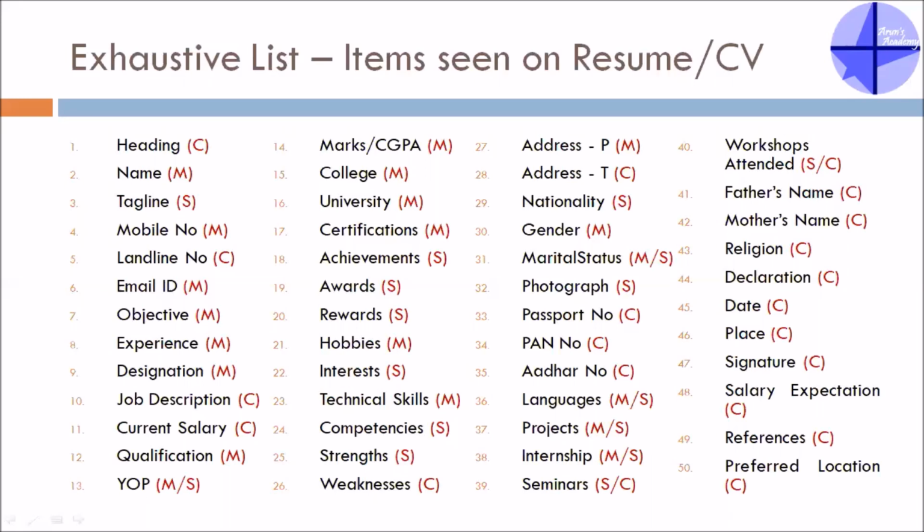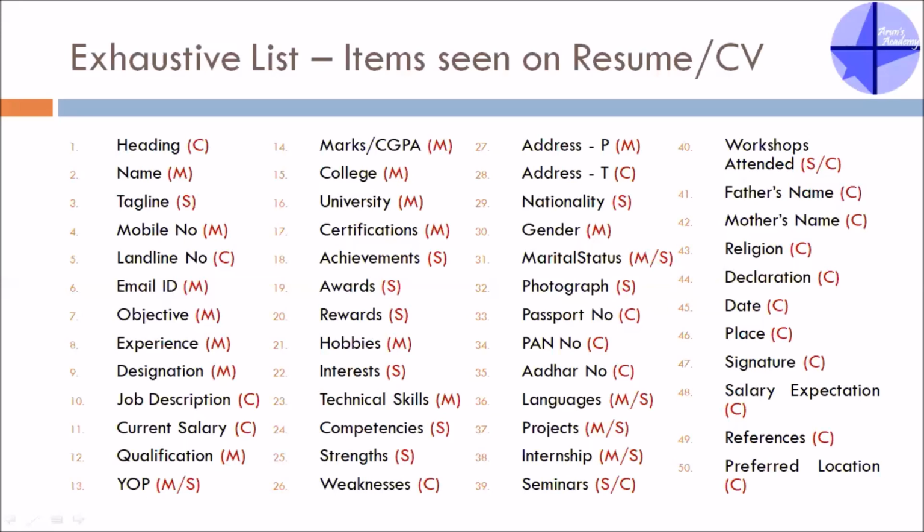There are few items with two letters, like M and S. These depend on the situation, for example, marital status. For a college placement, this information is a should, but for experienced candidates, it is a must. Similarly, languages known.